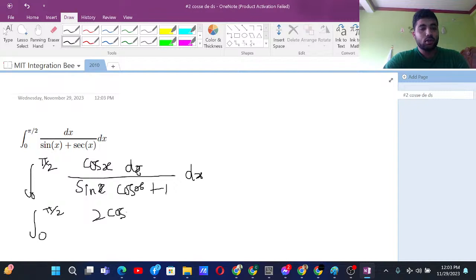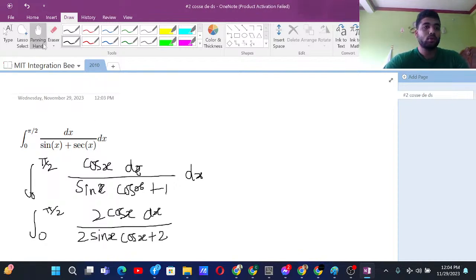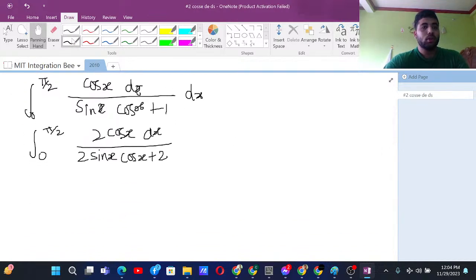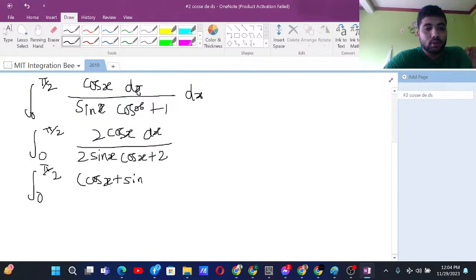So we can have 2 cos x dx by 2 sin x cos x plus 2. Okay. And now after this, we are going to use a technique. So basically, we will write this as cos x plus sin x plus cos x minus sin x.